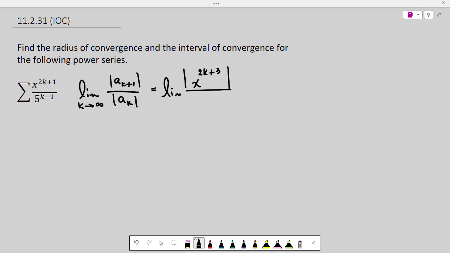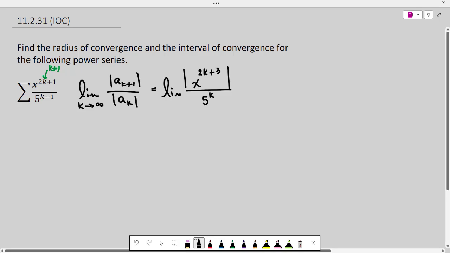If you replace this k with k plus 1 right in here, you get 2k plus 2 plus 1, so that's 2k plus 3. So we're replacing the k's with k plus 1. And then down here, k plus 1 minus 1 is k. So that will be 5 to the k.